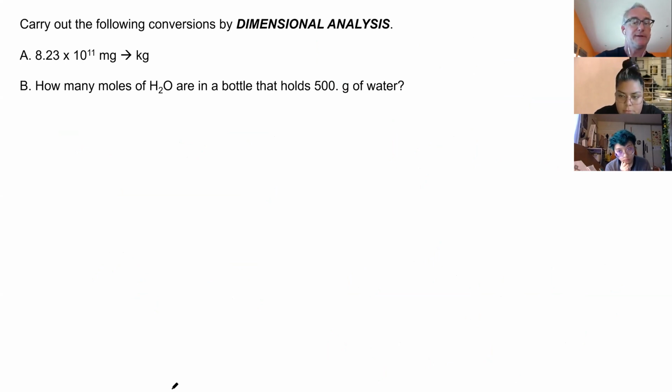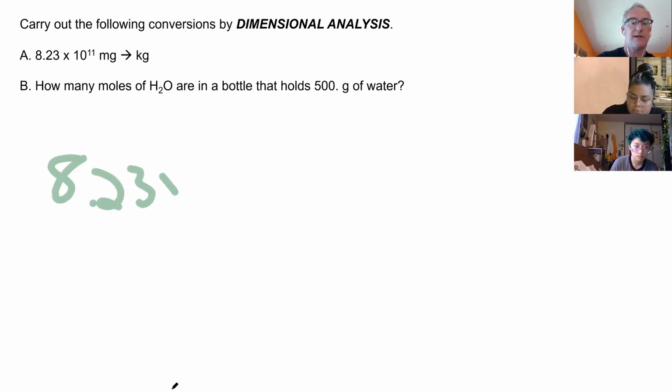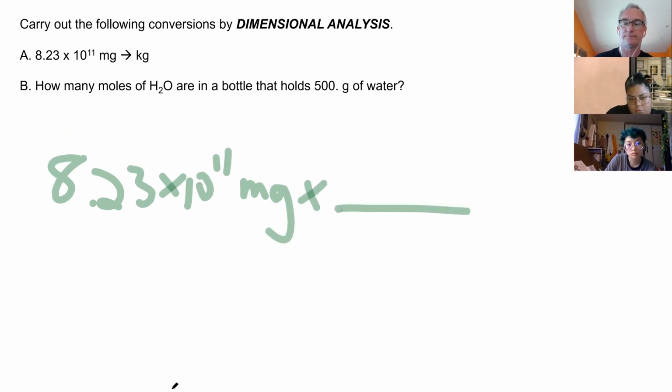So in other words, I have 8.23 times 10 to the 11 milligrams. Now, I can either go directly from milligrams to kilograms, or I can go through grams. I kind of like going through grams. So what I'm going to do is put grams on the top and milligrams on the bottom.